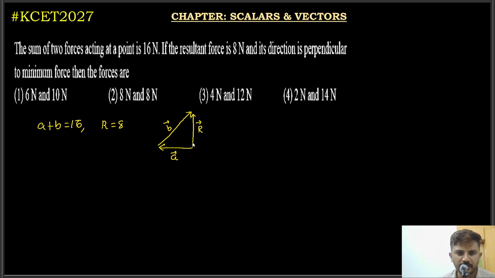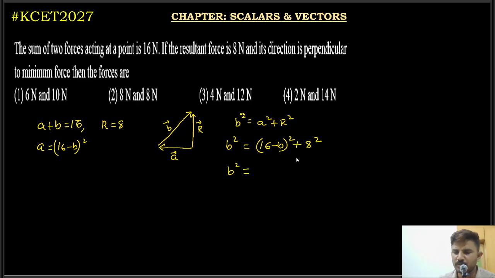This is vector R. So according to Pythagoras theorem, magnitude of B square is equal to A square plus R square, no? From this, what is A? 16 minus B. So B square is equal to 16 minus B whole square plus 8 square.